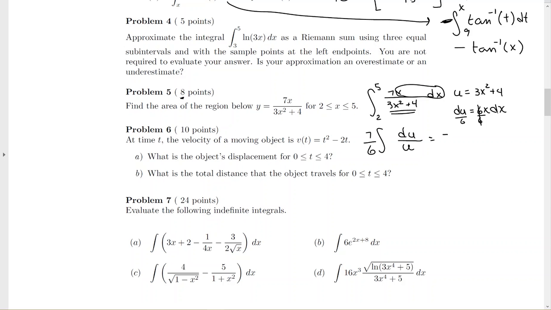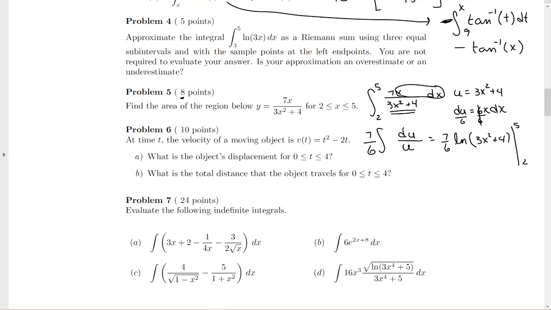So this is 7/6 natural log of, but now take out the u and put in your 3x squared plus 4, and then you can integrate it from 2 to 5 now. Okay. And then just plug in your 5 minus, and then plug in your 2, and bazinga.